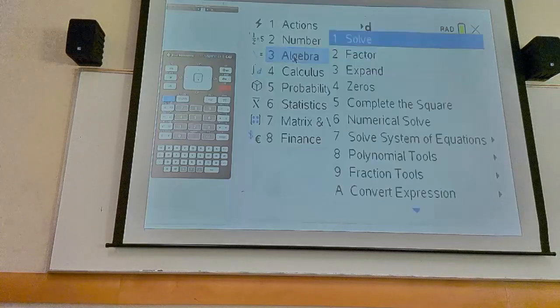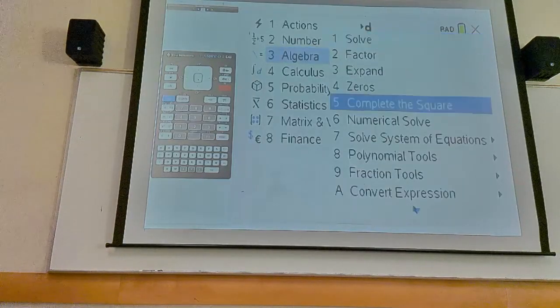I think they have a simplify command. They don't, but I can do it.